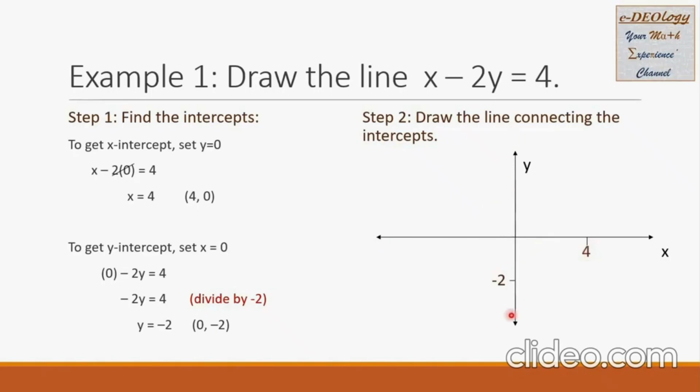While on the y-axis, let us locate the negative 2 and it is down here. It means the point (4, 0) is there, while the point (0, negative 2) is here. And then we will connect the intercepts, and this is now our required line.